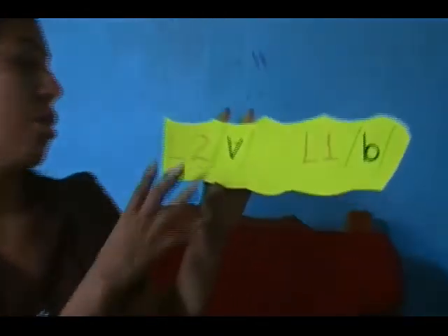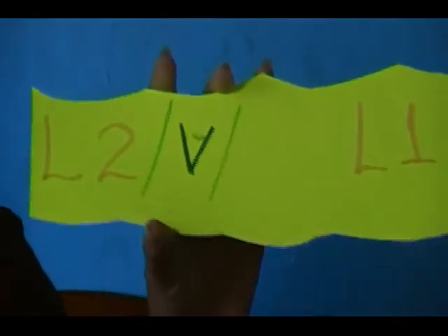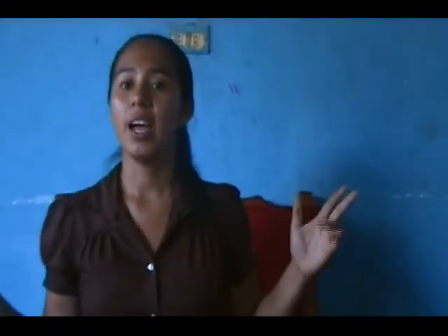The L1 vowel is last. Another example is the L2 consonant sounds, for example L1 and B, where the characteristic could be different only in the manner of articulation.